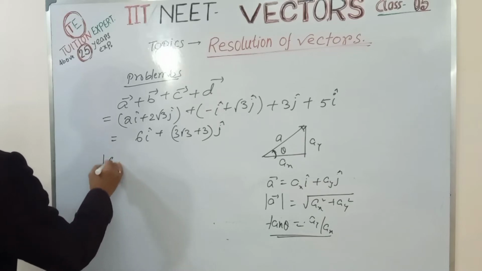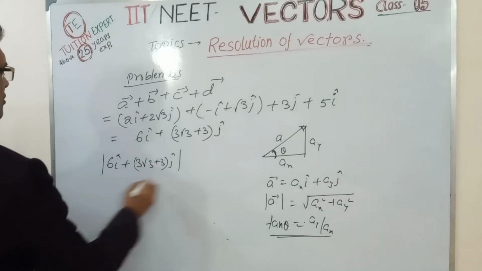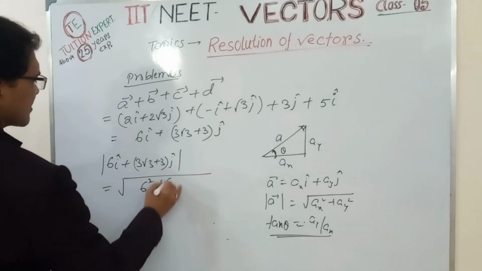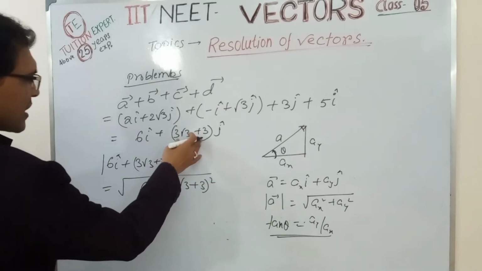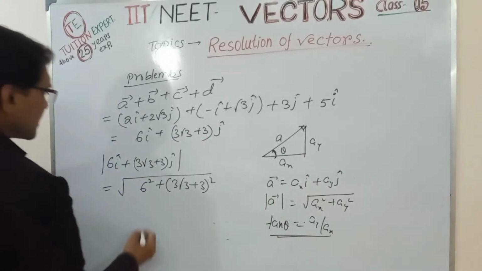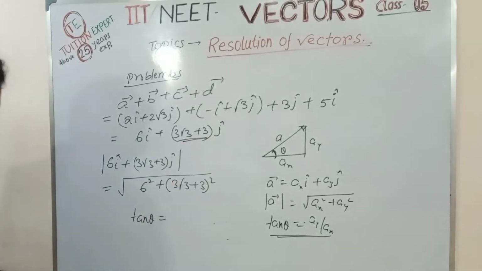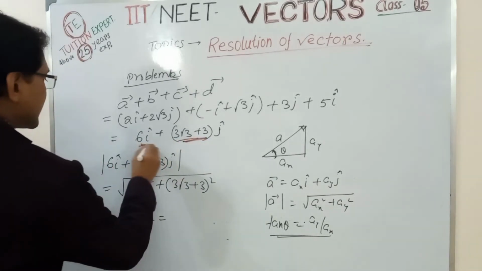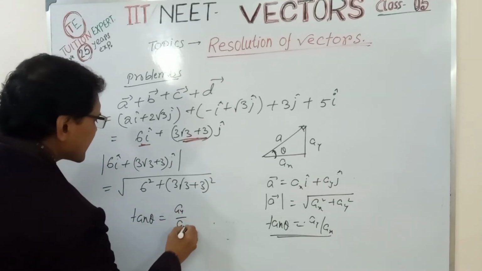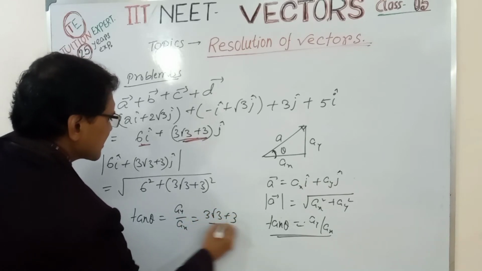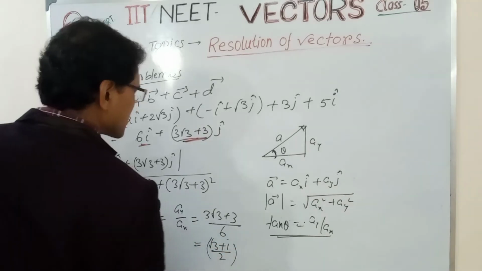The magnitude equals root over this, and to find at which angle the vector acts with the horizontal, we use this result: tan theta equals ay by ax, where this is ay and this is ax. So theta is the inverse tan of this.